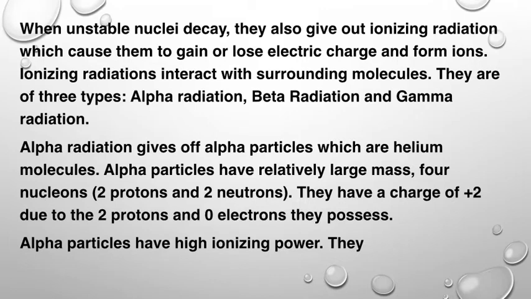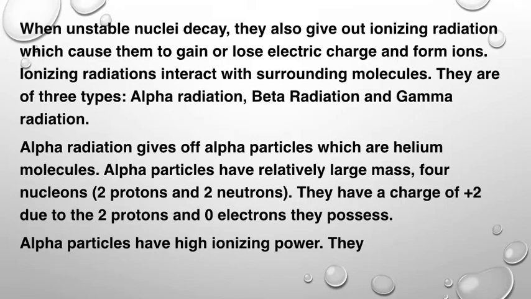They also have a charge of +2 because the helium particles given off in alpha radiation do not have electrons. Under the lesson atomic physics, we already said that an atom is stable because the number of protons and the number of electrons are usually the same, so the atom is electrically neutral.